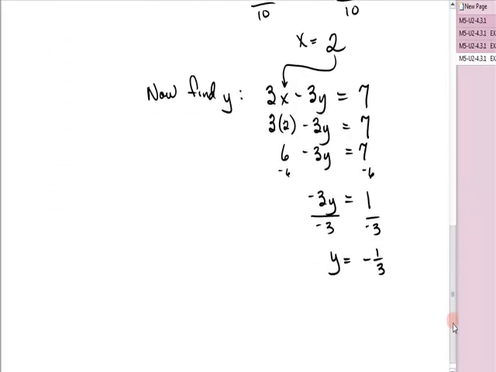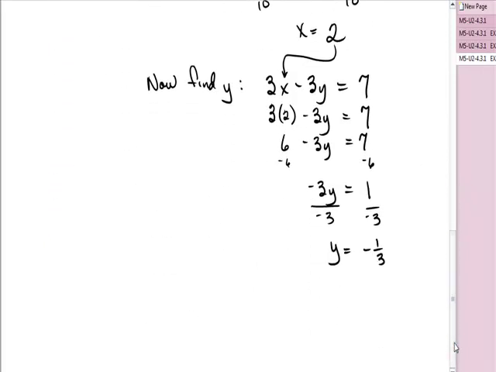I did want to show you one more thing that's not involved in one of these examples, but this could show up sometime and you need to be exposed to this. Suppose I had 2x plus 3y is 5, and 5x plus 4y is 8.